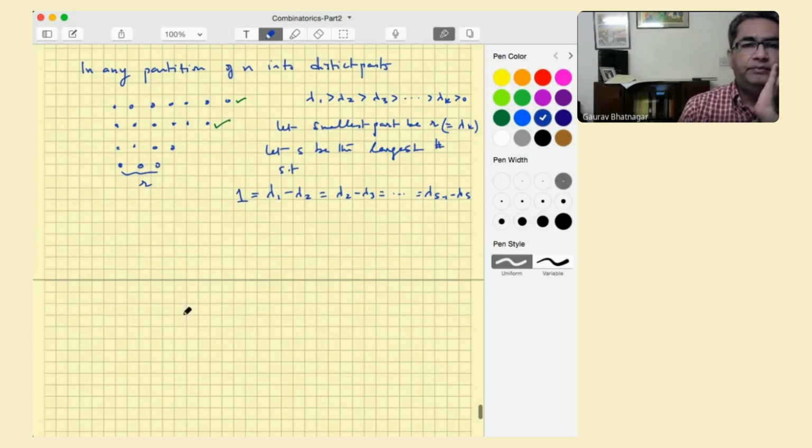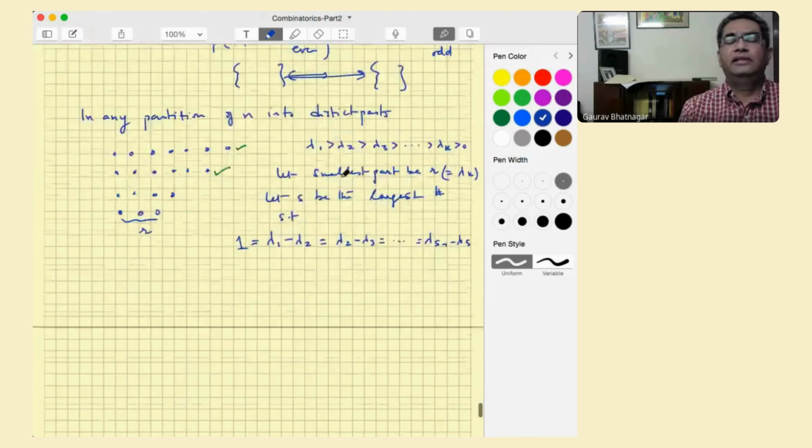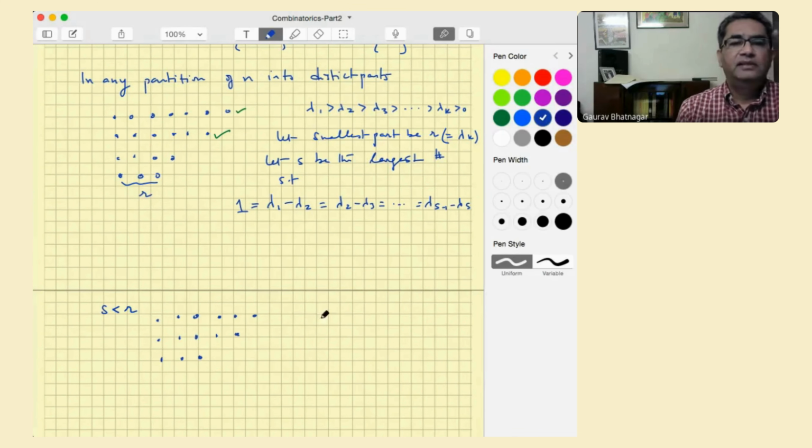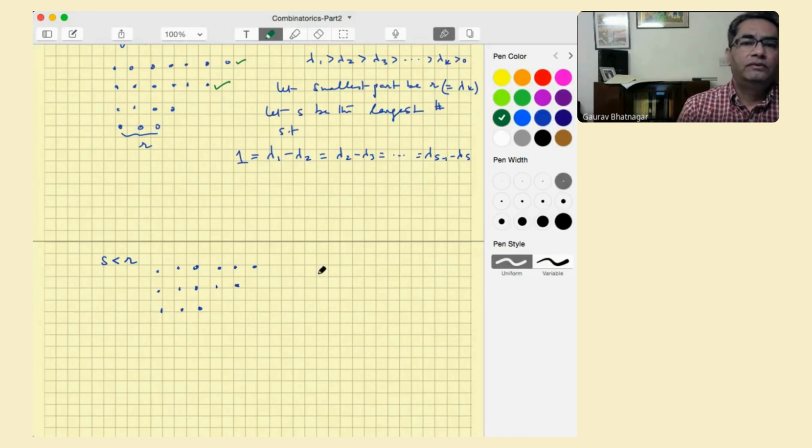And the involution is simply a map going from one to the other and then coming back. Suppose S is less than R. So suppose you have this situation again. This is 2, let's say, and this is 3. Here S is 2 and R is 3. If S is less than R, then you bring these guys down.